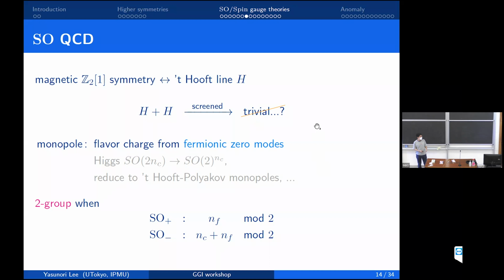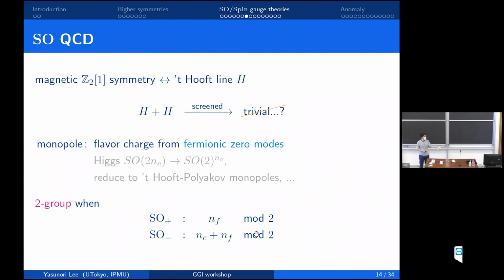I won't go into the details, but after some deformation, one can reduce the analysis to that of 't Hooft-Polyakov monopoles. At last, it turns out that the magnetic monopole in this SO2NC QCD indeed carries non-trivial flavor charge. As a result, SO2NC QCD with 2NF flavors has two-group symmetry when NF is odd.